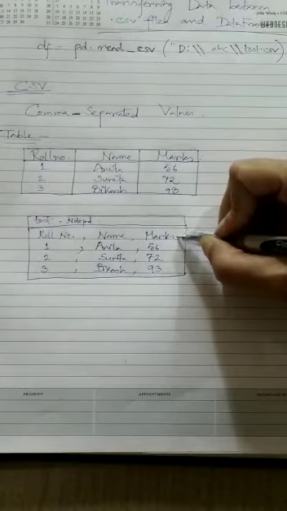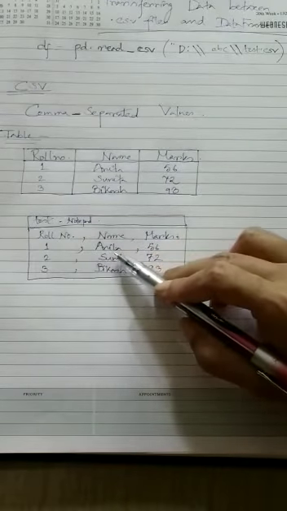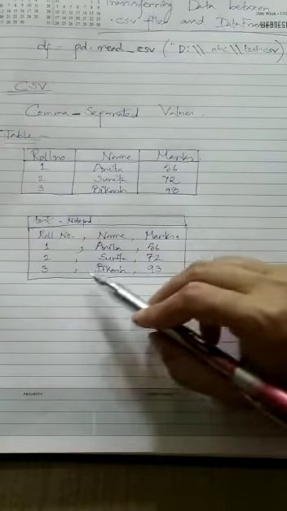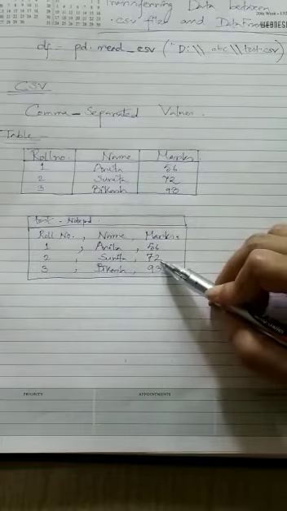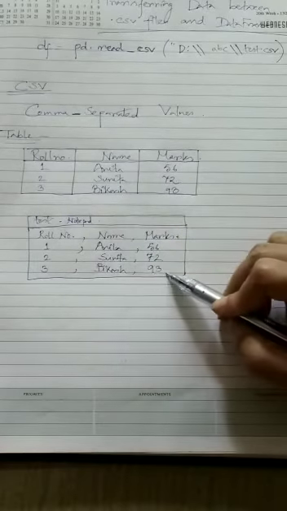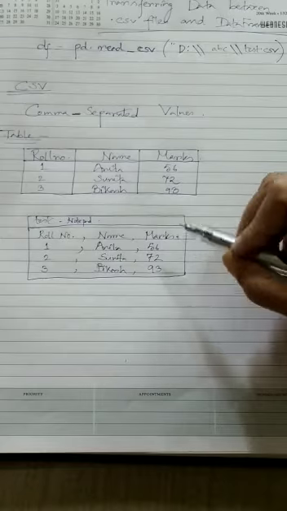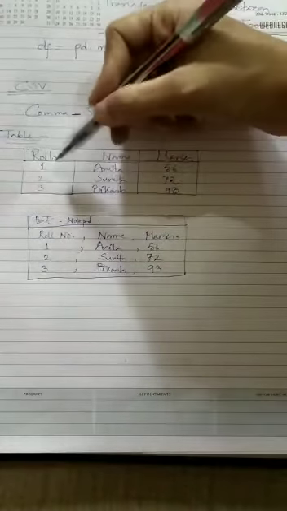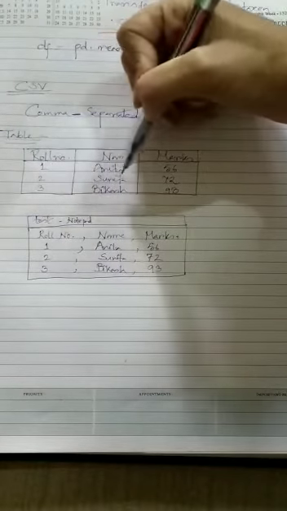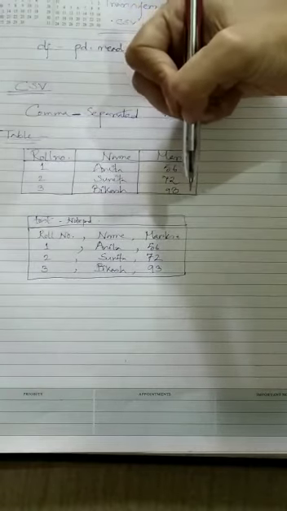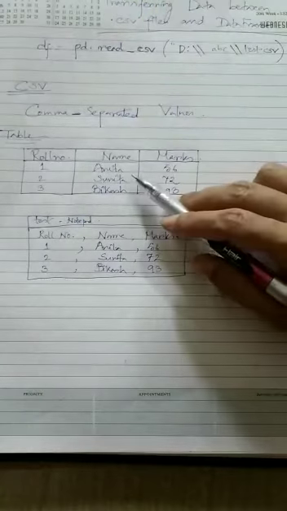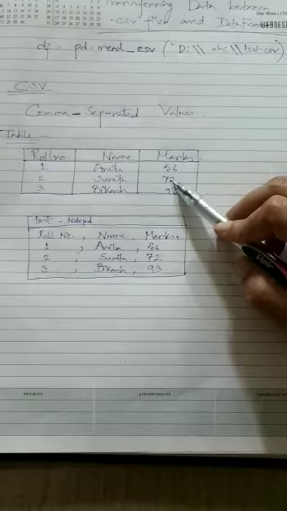Now 1 comma Anita comma 56. 2 comma Sunita comma 72. 3 comma Bikash comma 93. So in each row, each value is separated by comma, even the column names also.